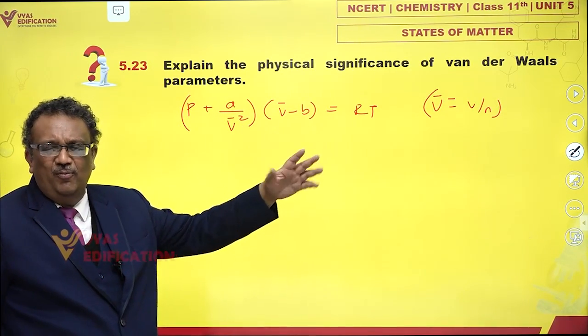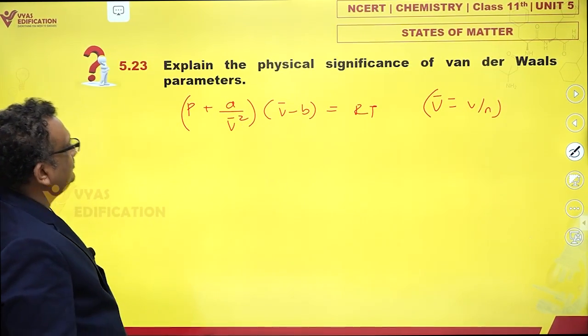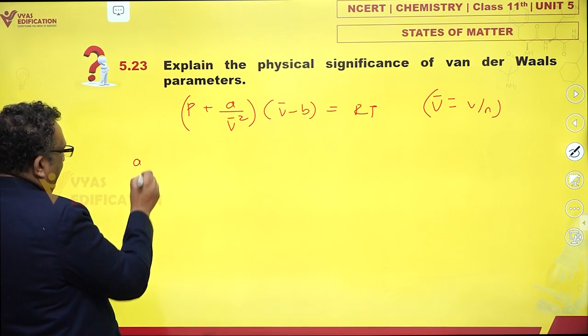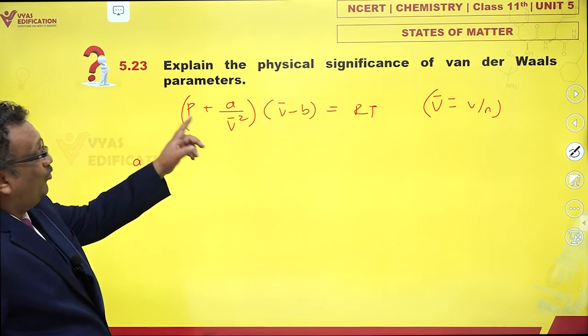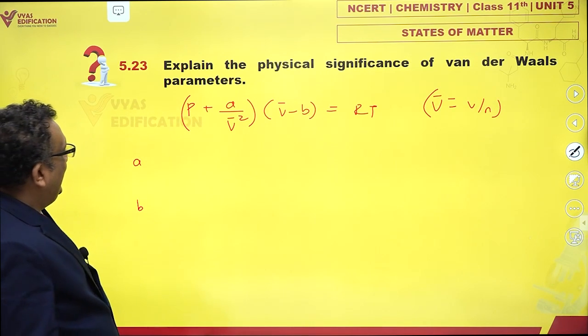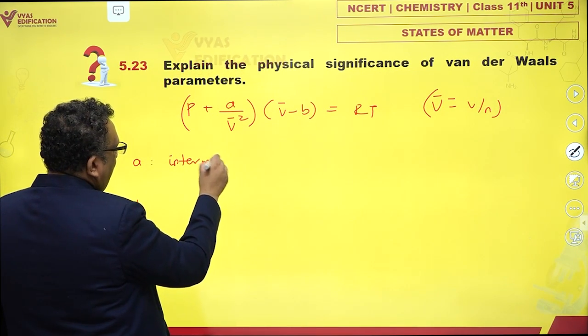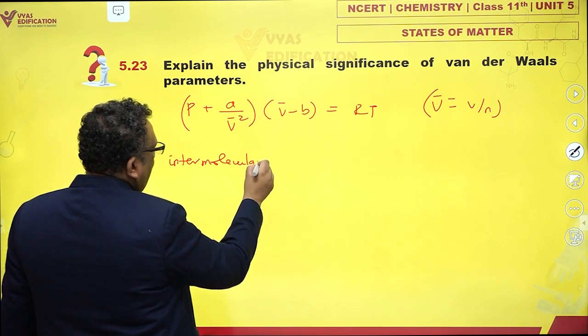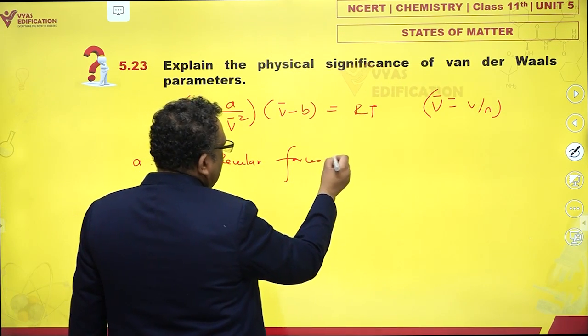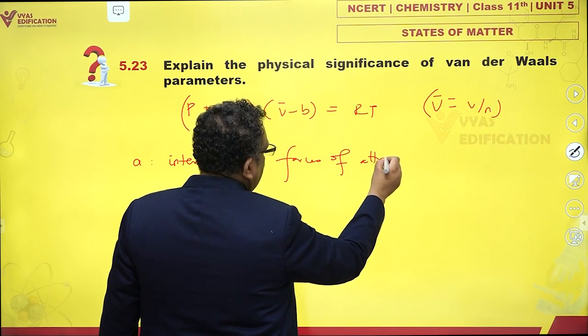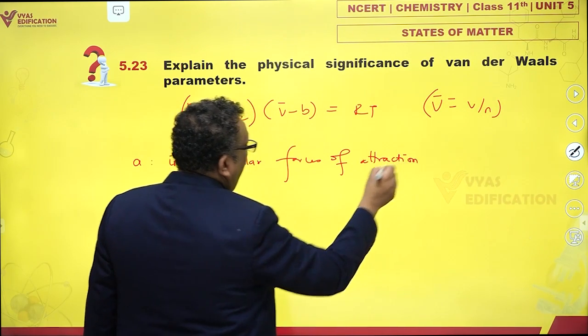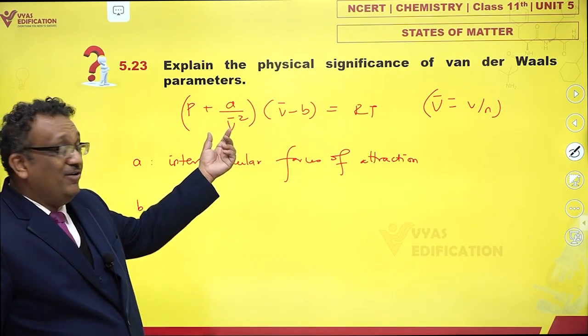You have a more complicated form also, but this is the simplest form. Now, a and b are called van der Waals parameters. And a represents intermolecular forces of attraction. Higher the intermolecular forces of attraction, higher is the value of a.